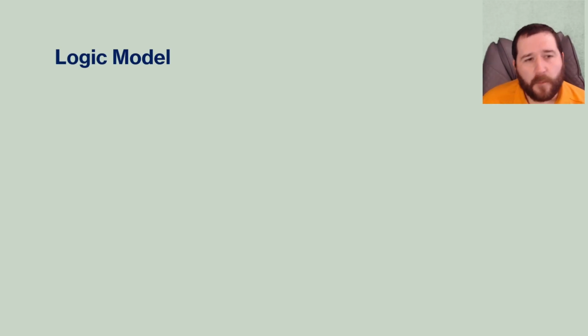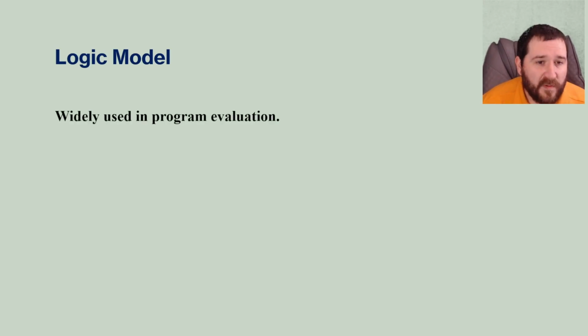All right. Now today we're going to take a look at logic models. Logic models essentially are flowcharts that show how a program works. They're widely used in program evaluation since big companies and corporations need a way to check and see, is a program working? Should we continue to fund it? Should we make changes? That sort of thing.